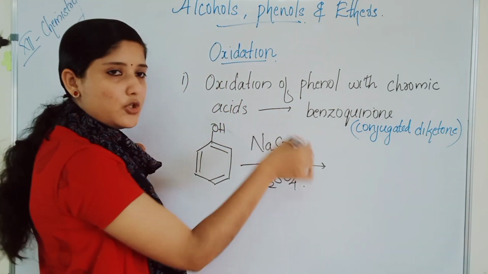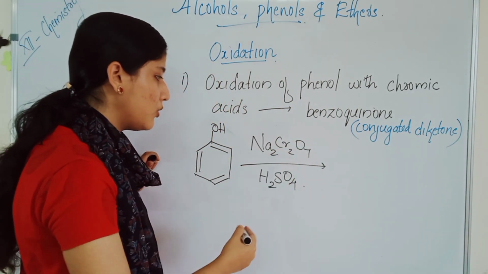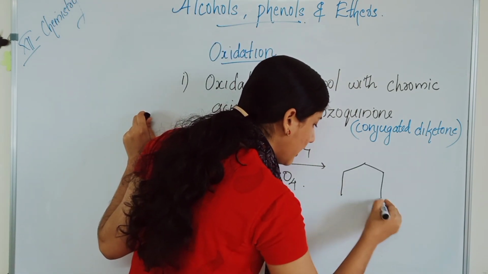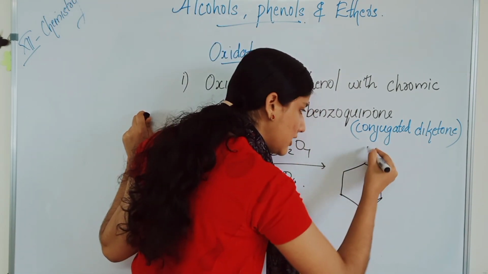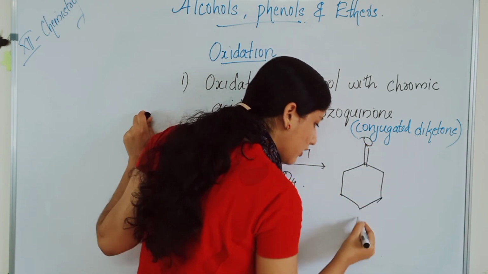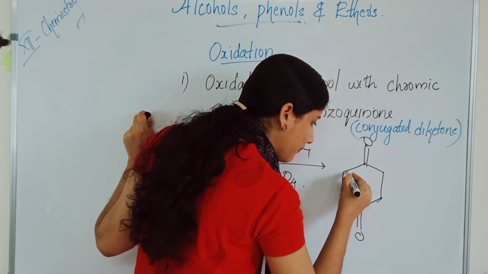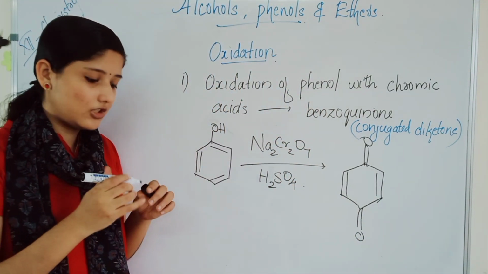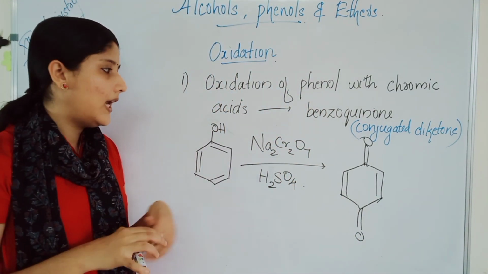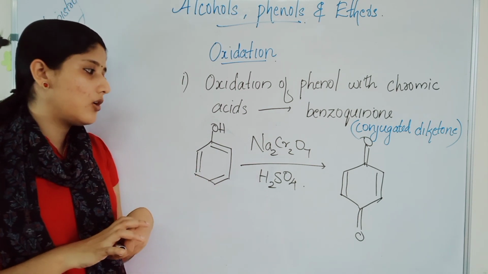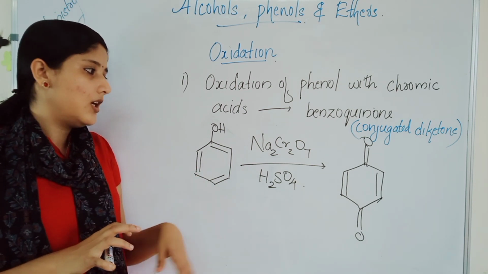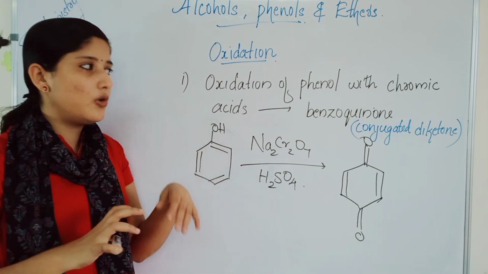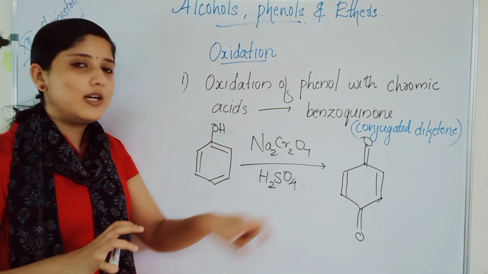They will combine to give chromic acid, to give the corresponding benzoquinone. They are diketones, meaning two ketones. This is the oxidation reaction of phenol with sodium dichromate and sulfuric acid to give the corresponding dark colored benzoquinone, a conjugated diketone.